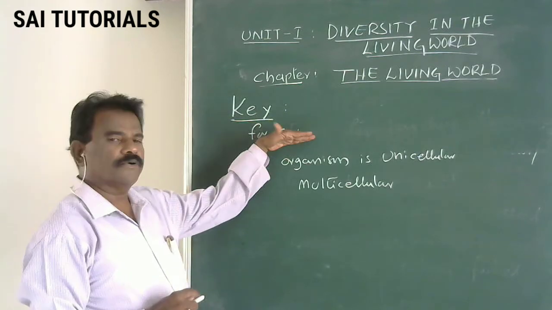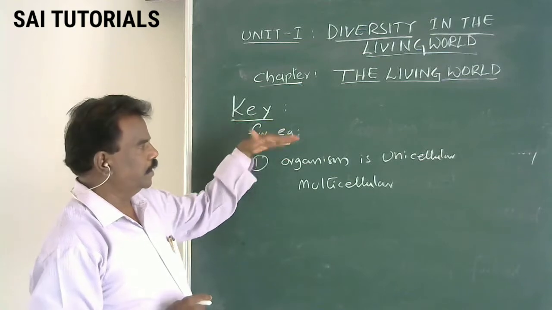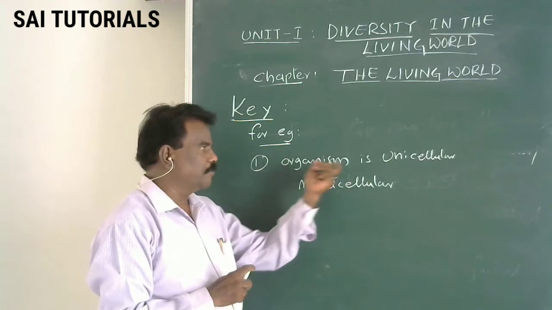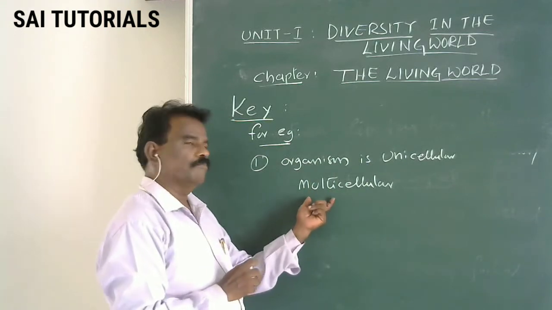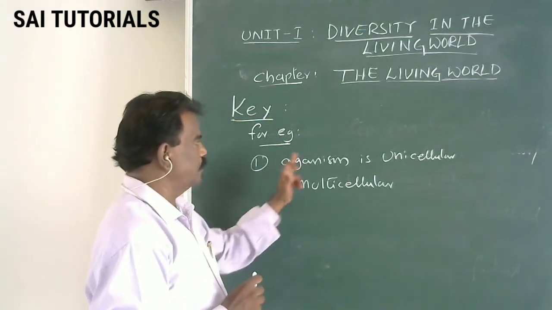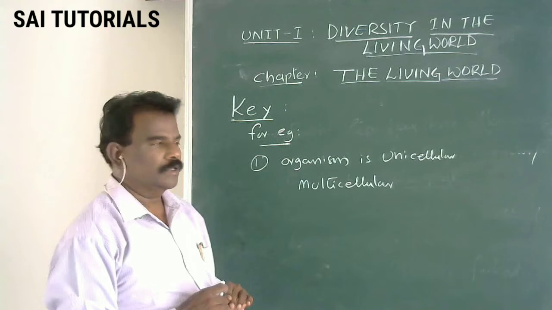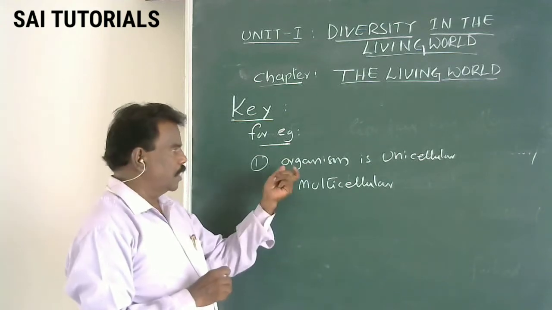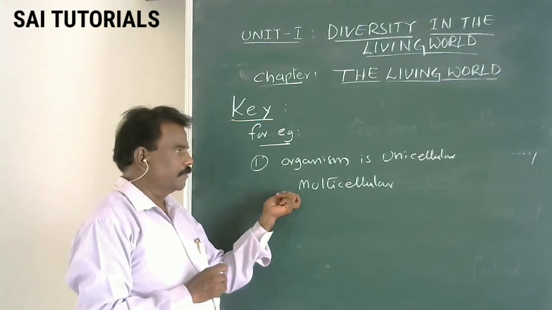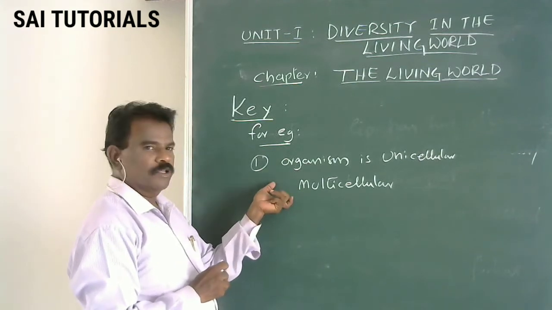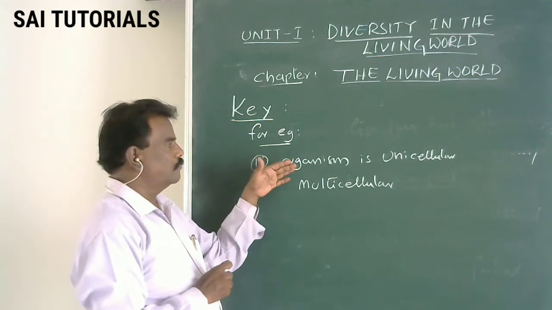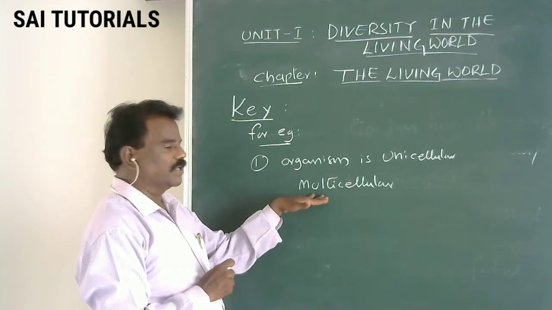Whenever we find an organism, we can identify whether it is made up of a single cell or many cells. In question form: is the organism unicellular or is the organism multicellular? These are the two statements. Suppose the organism is unicellular, we accept one statement and the other is discarded.